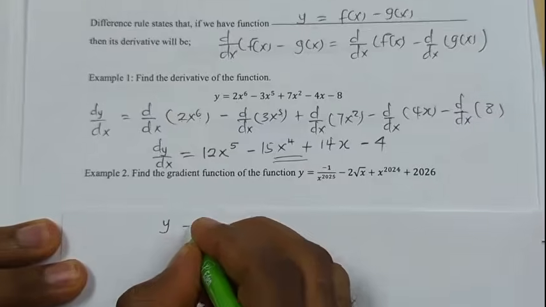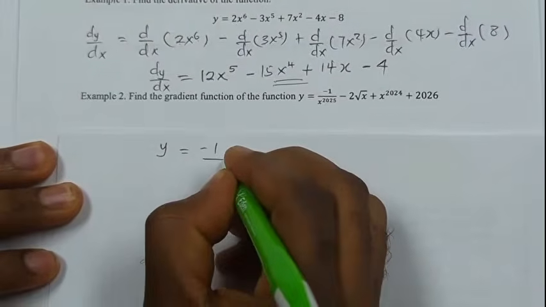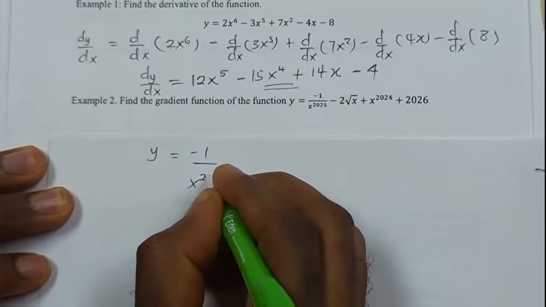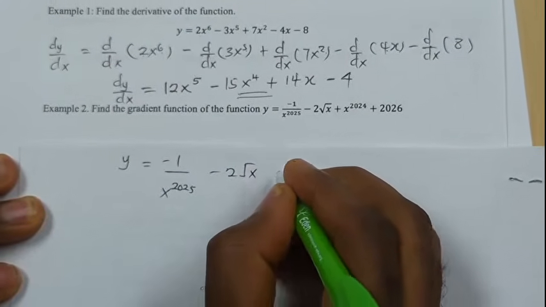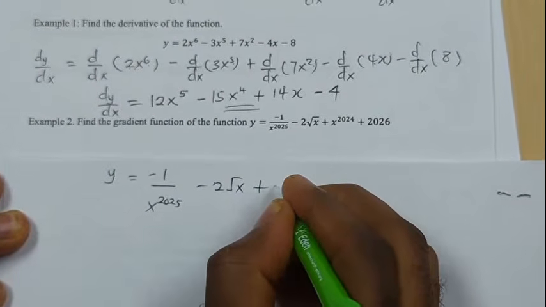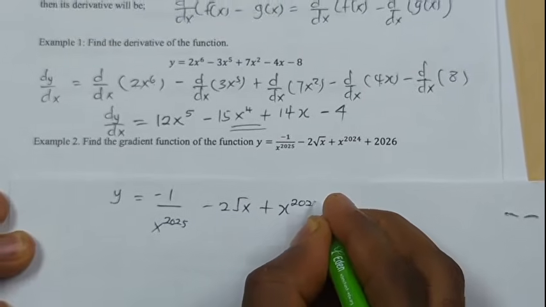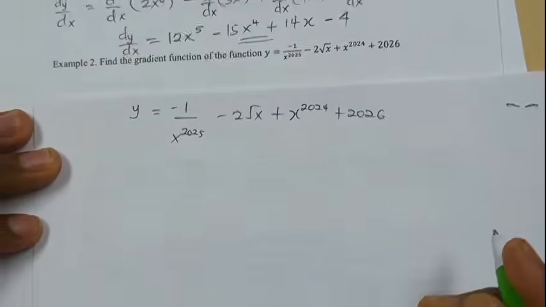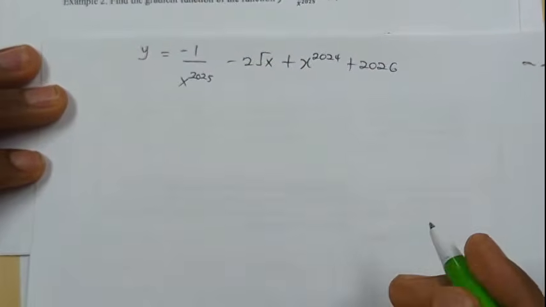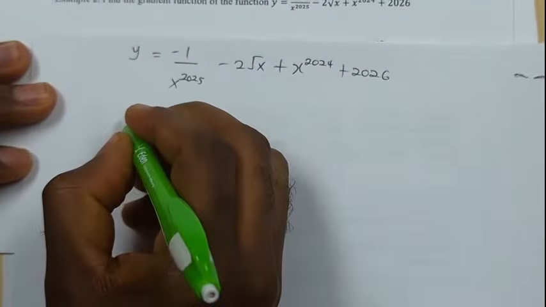So remember, y is equal to negative 1 over x exponent 2025 minus 2 root of x plus x exponent 2024, then plus 2026. This is an interesting function, but it will be very easy to solve. So we just rewrite the function again.